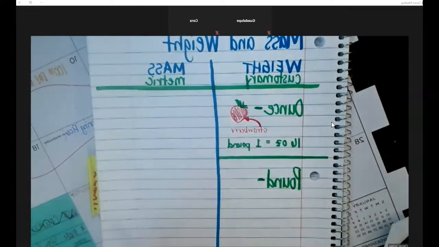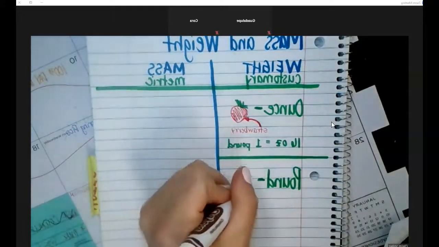Kelsey? No, that's way more than a pound. That's going to be like 50 or 60 pounds. Exactly 1 pound. Y'all remember on the first page we had the slices of bread and then we had the loaf of bread. So a loaf of bread is about 1 pound.